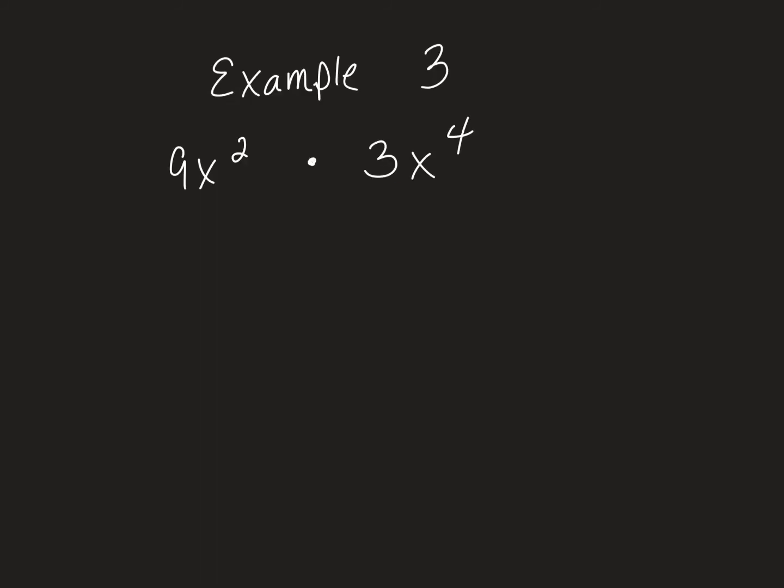Example number 3, we need to decide whether or not we're combining like terms or whether we're using the product rule. So pause, think to yourself for a second. I'm going to give you a minute to think. Am I adding and subtracting, or am I multiplying here? Hopefully my at-home audience is saying that we are going to multiply.